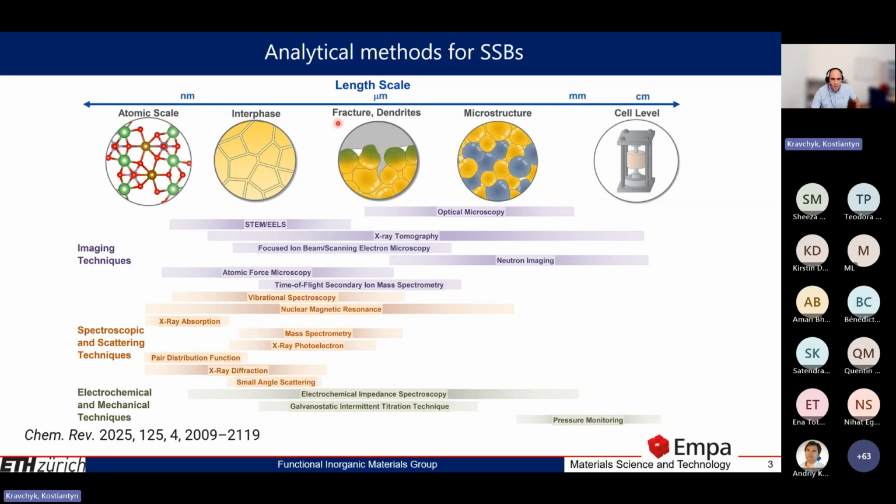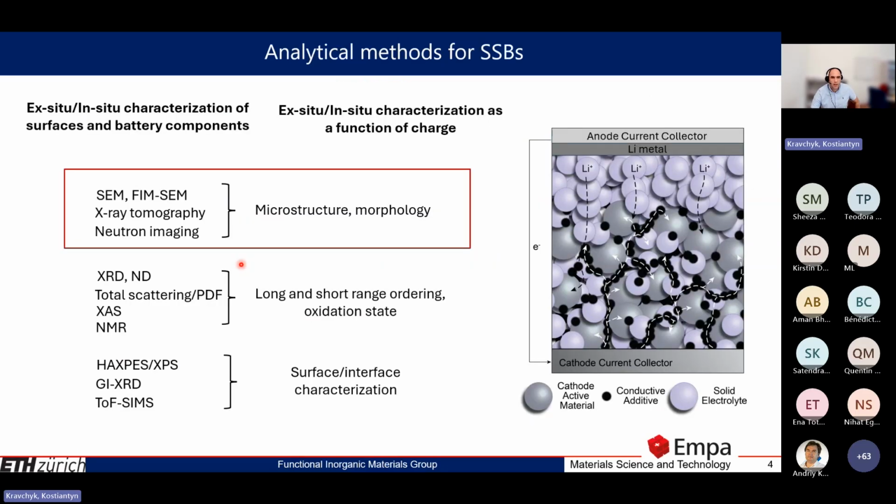You have a lot of techniques here, but I decided to simplify these methods a little bit because we have very limited time today. So I prefer to categorize these methods into three categories. First of all, one can check, of course, microstructural or morphological aspects of your materials, and also your cathodes or electrodes, generally speaking.